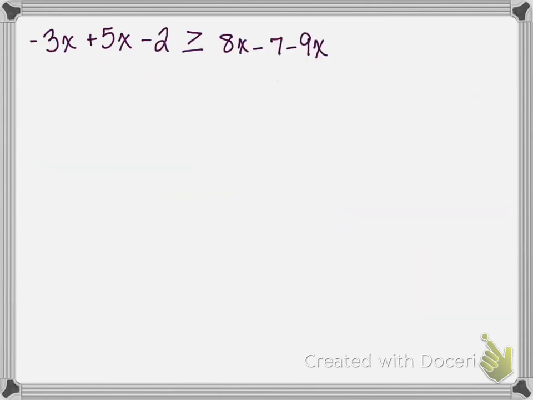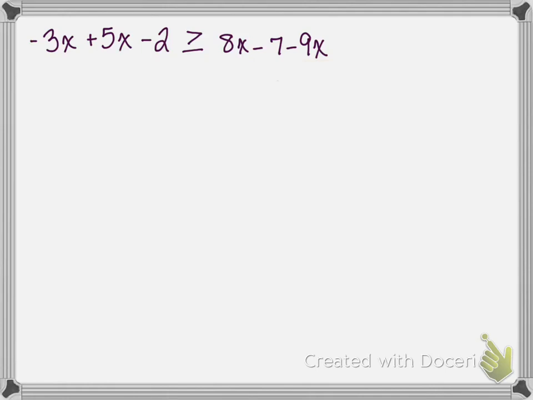Okay, here we go. Negative 3x plus 5x minus 2 is greater than or equal to 8x minus 7 minus 9x.